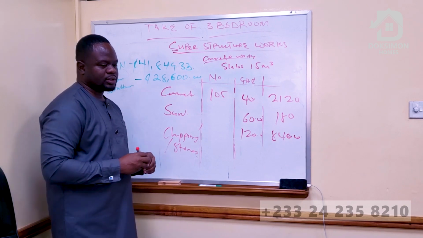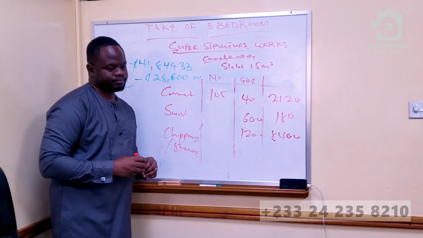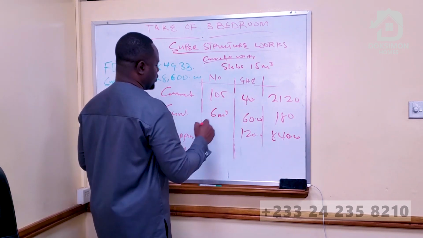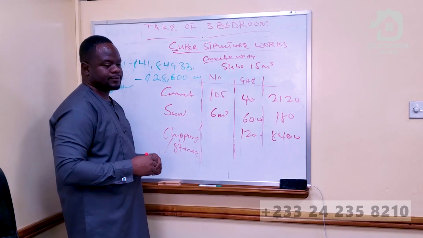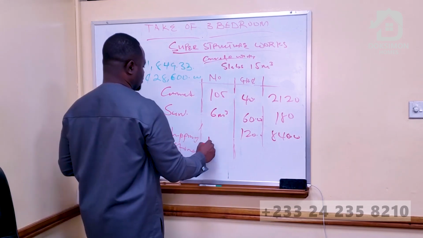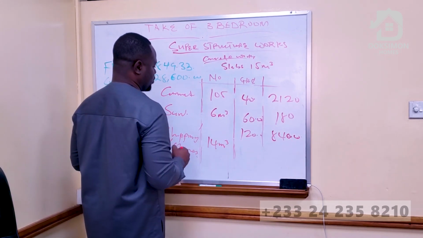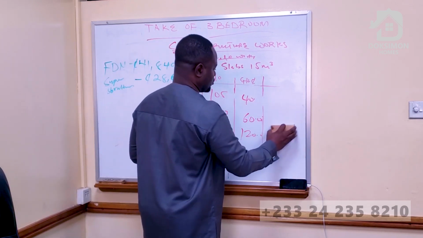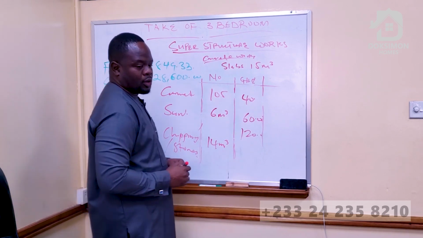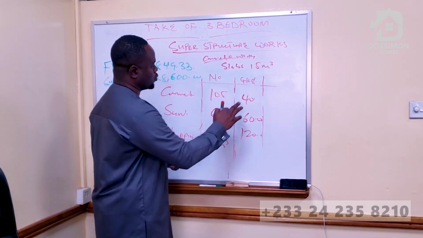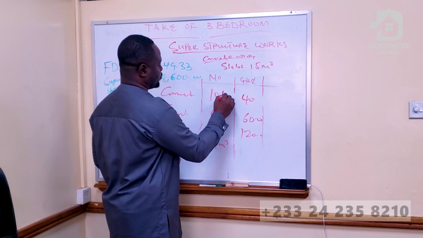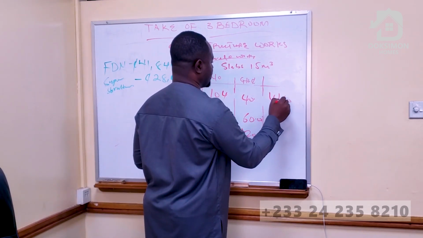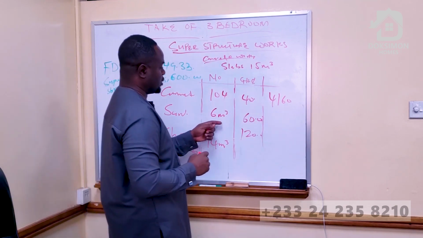So we also need 6 meter cube of sand. We also need 14 meter cube of our stones. All right, so we have 4,160 Ghana cedis.